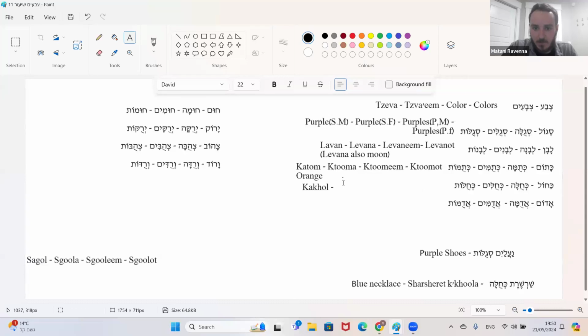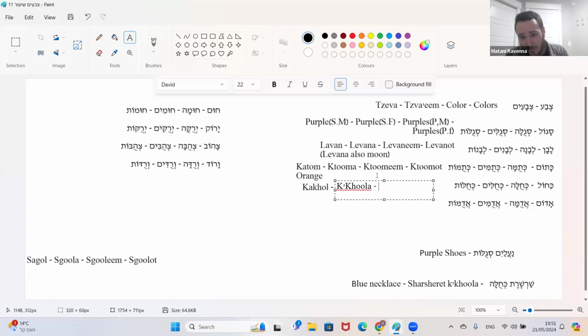So, continuing on the example, kchula. It's an annoying tonality-wise word. And surprise, surprise, followed by the male pluralization and the female pluralization.